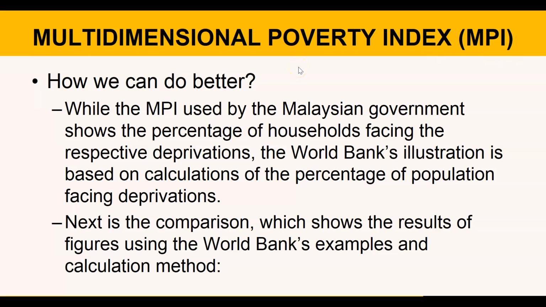Okay, and how can we do better in terms of the MPI in Malaysia? While the MPI used by the Malaysian government shows the percentage of households facing the respective deprivation, the World Bank illustration is based on a calculation of the percentage of the population facing deprivation. Next, kita akan tengok, tadi pun dah tunjukkan dalam documentary, the comparison which shows the result of figures using the World Bank example and calculation method.